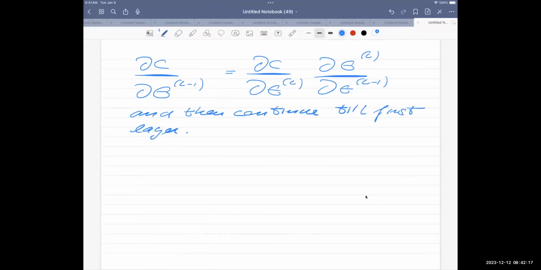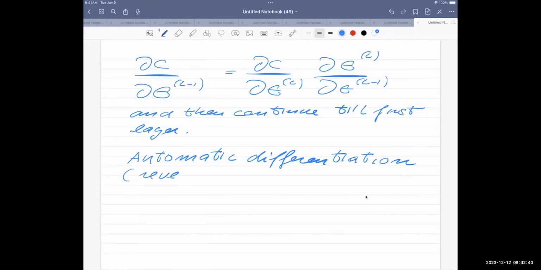So we are going to look at automatic differentiation for a simple example now. Differentiation, which we introduced, in what is normally called reverse mode. And that is the same as our backpropagation algorithm.